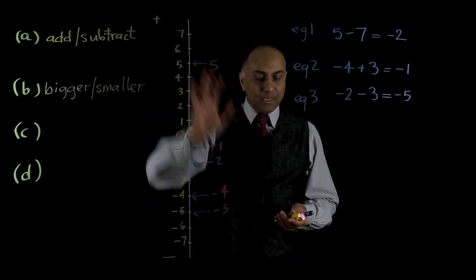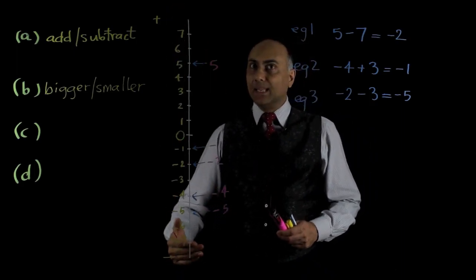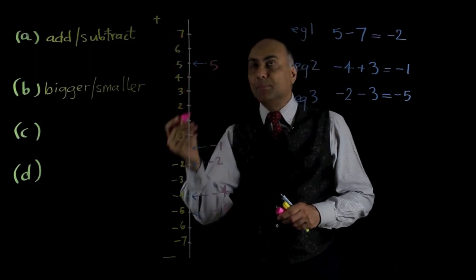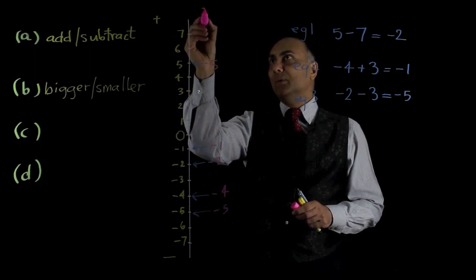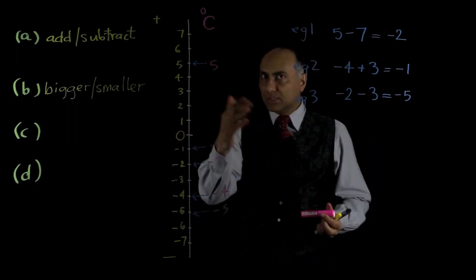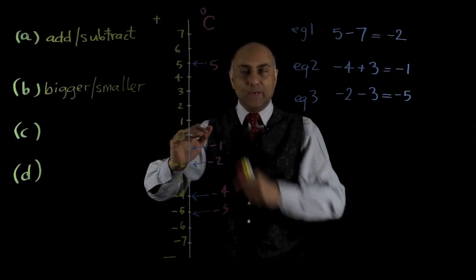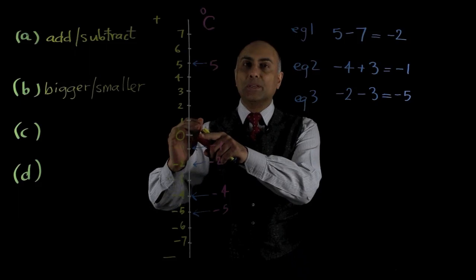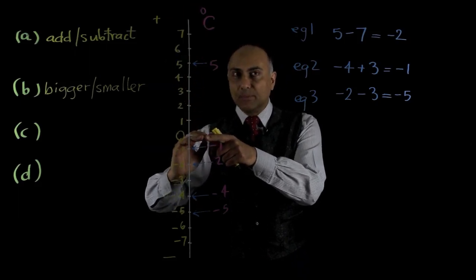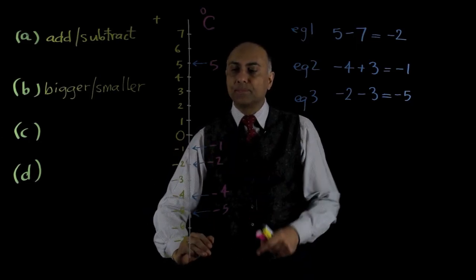Okay, another idea that the number line can help with is with temperatures. So if I take this as the scale on a thermometer, and instead of just numbers, I make them into degrees centigrade, for example, might be degrees Fahrenheit, but the concept is the same, then you can get 0 degrees centigrade, and then you get warmer temperatures above, and colder temperatures below 0.